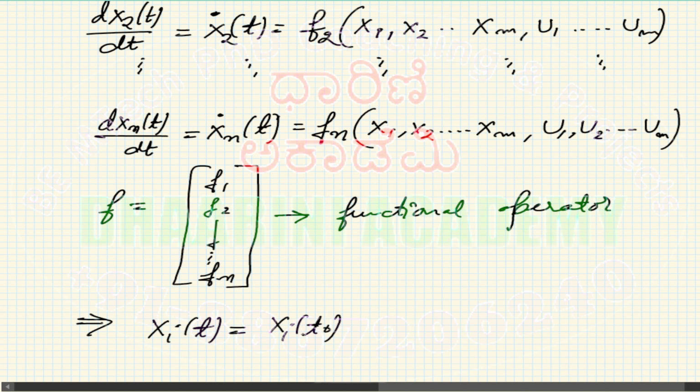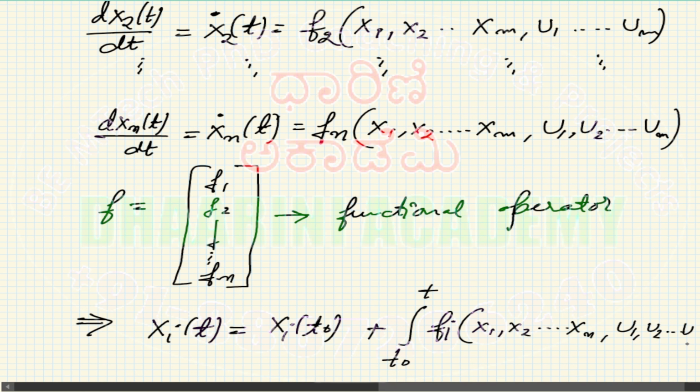The current value is nothing but the initial value plus the integration, from t naught till the current time, of whichever function decides that: fi of x1, x2, up to xn, and u1, u2, up to um.